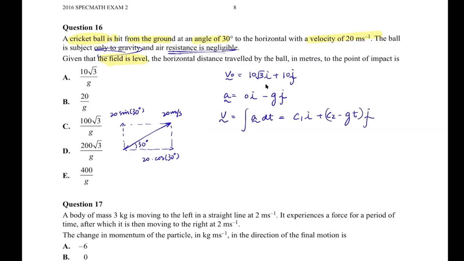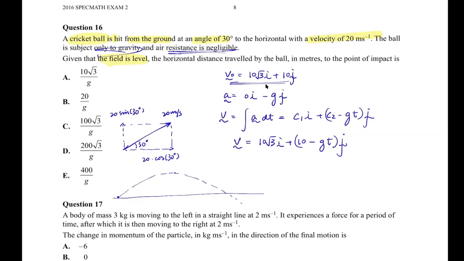Subbing in t equals 0, you get v equals 10 root 3 i plus (10 minus gt) j. Now, if you are thinking of the whole process, it's hitting, flying up, reaching the highest point, then going down until it hits the ground.